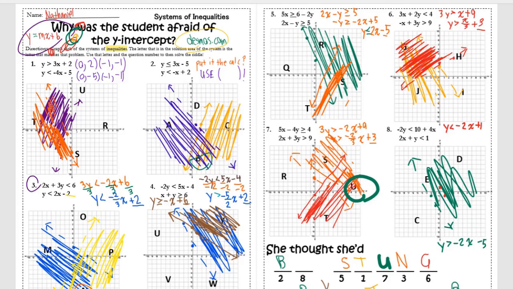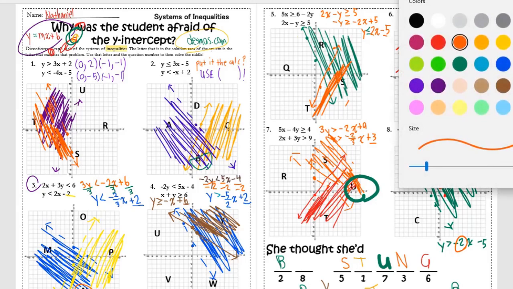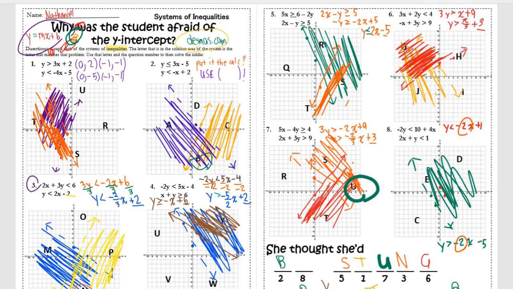Notice that these two inequalities have the exact same slope. So that means that the lines themselves are not going to intersect, but the shaded regions will overlap. So since it's y is less than negative 2x plus 1, we're going to have a dashed line.